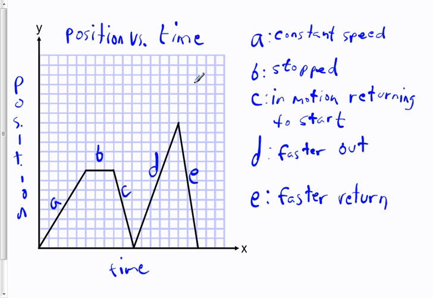Okay, and if we talk about a slope, one other thing to note here, if we look at the slope where it is negative, we know that position over time is going to give us speed, but in this case it's actually going to be negative.